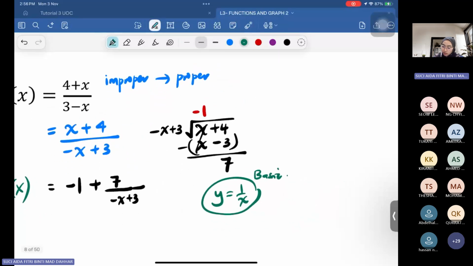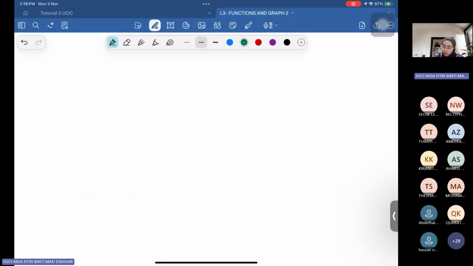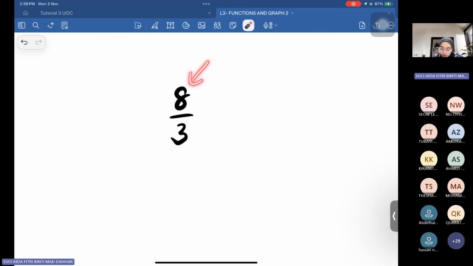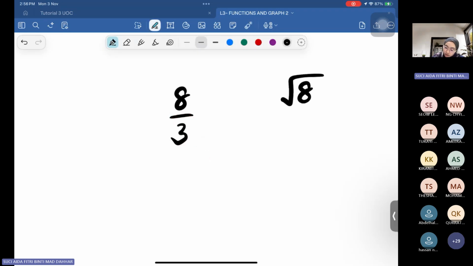Okay, let me give you an example of an improper fraction in numbers. Let's say I have 8 over 3. This is an improper fraction, right? Because the 8, the numerator, is bigger than the denominator, correct? How do you convert this? We do division. Similarly, 8 divided by 3, 3 times 2, the closest is 6, right?